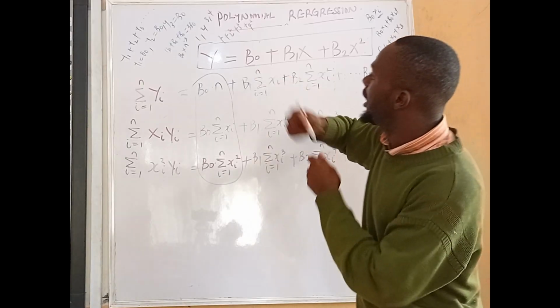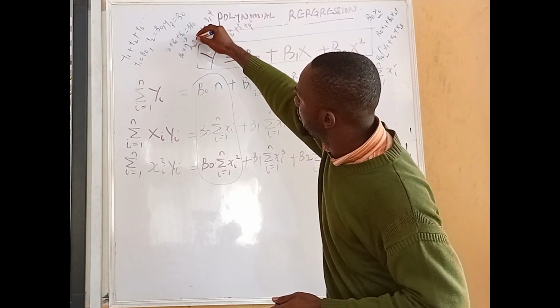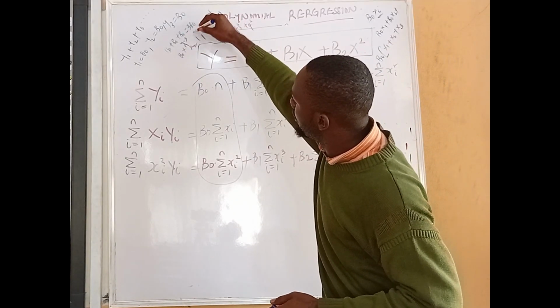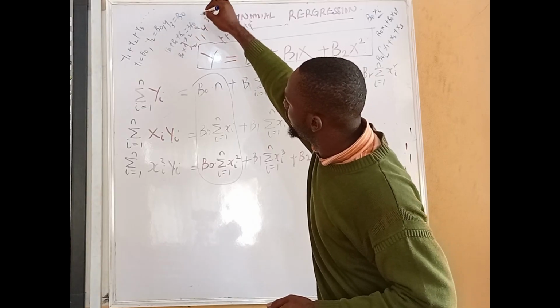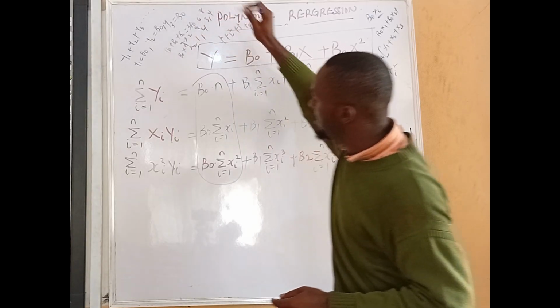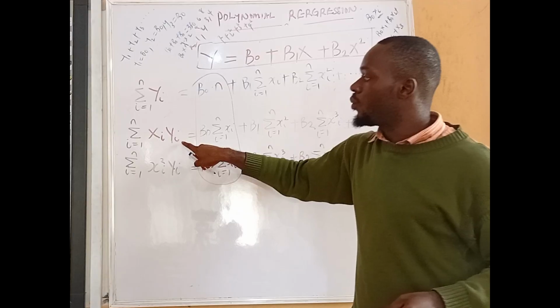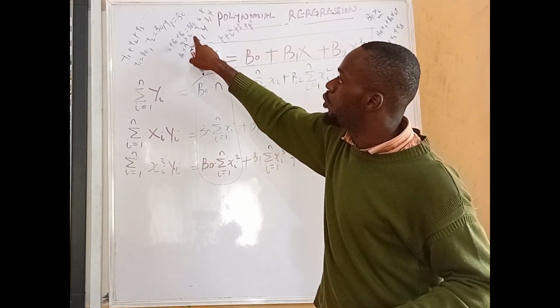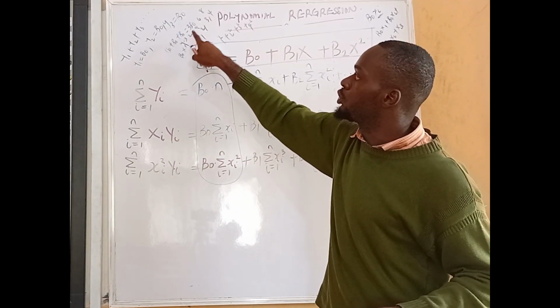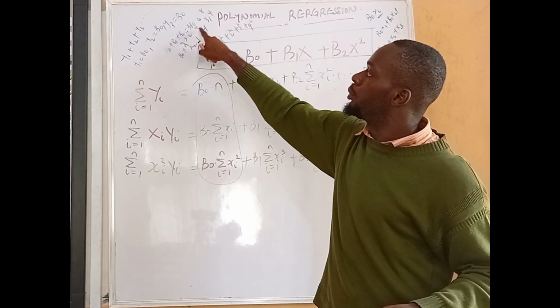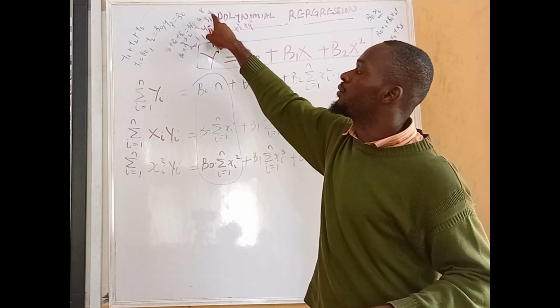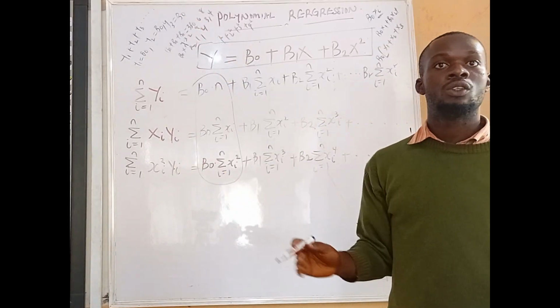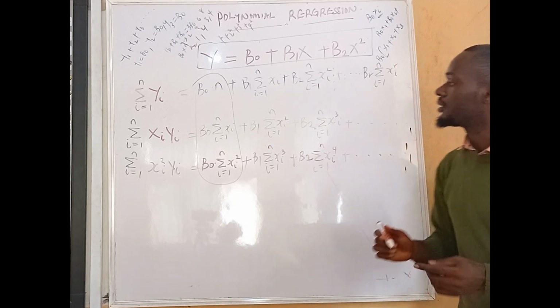Let's say this is our s, then our y is 2, 4, 6, 8. This s y means you should do 1 times 2 plus 2 times 4 plus 3 times 6 plus 4 times 8. And once you are done, you add it together.